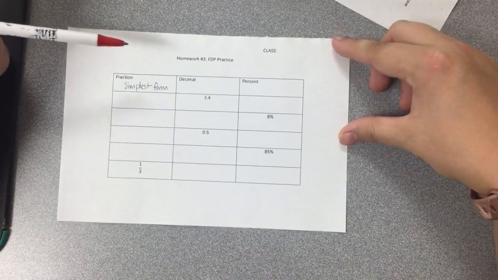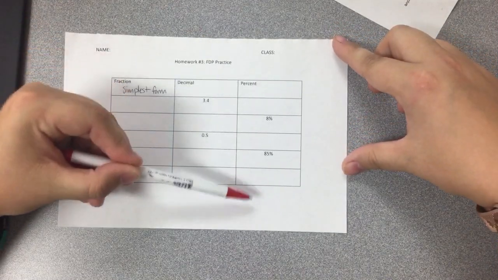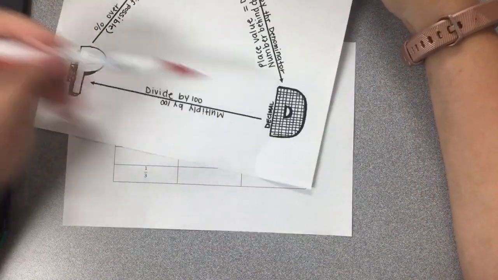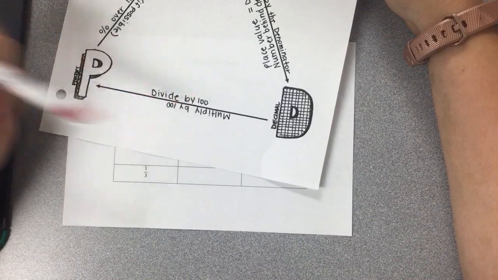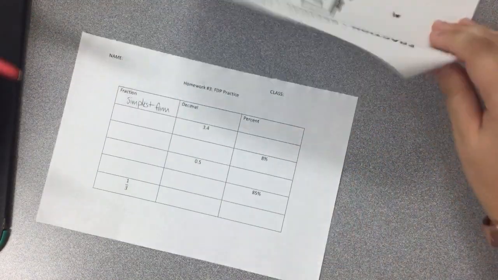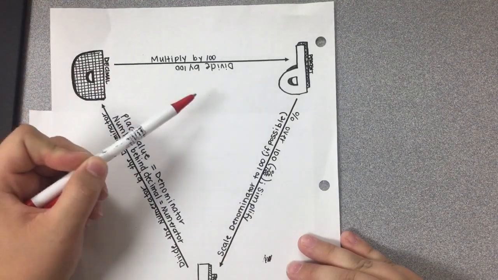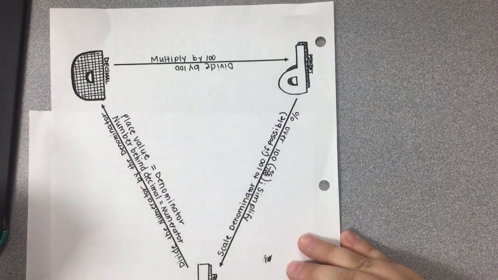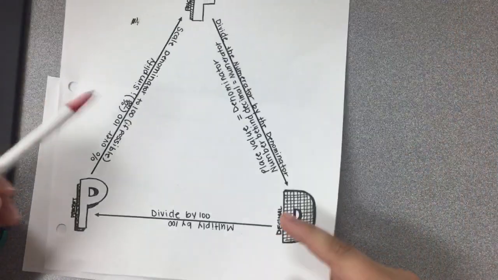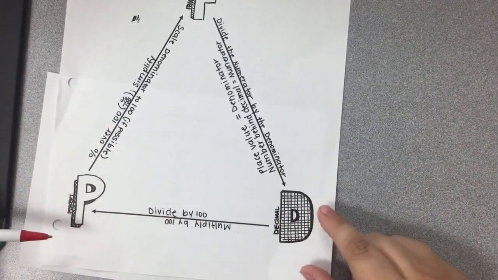All right, now looking at our percents, to go from a decimal to a percent, divide by 100. To go from a percent to a decimal, percent to decimal, divide by 100. Decimal to percent means multiply by 100.